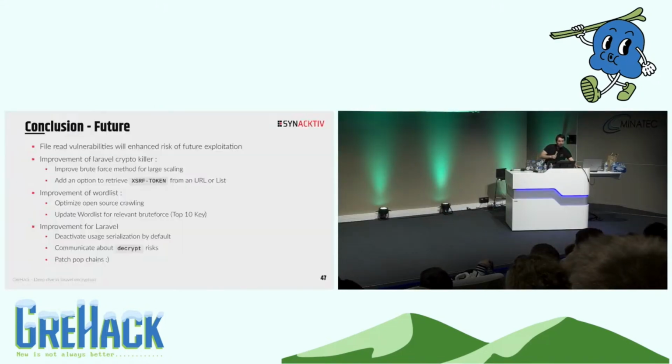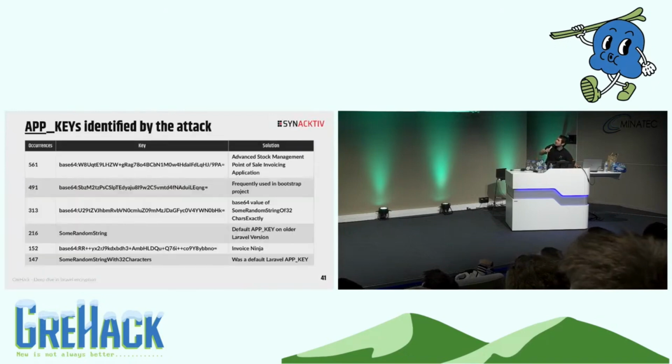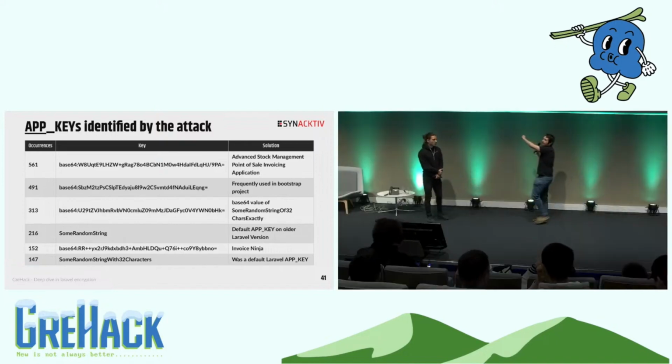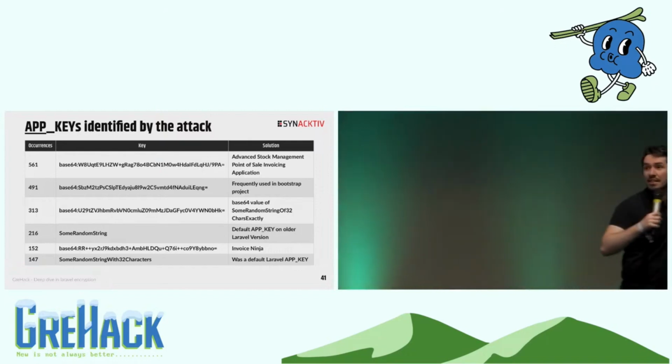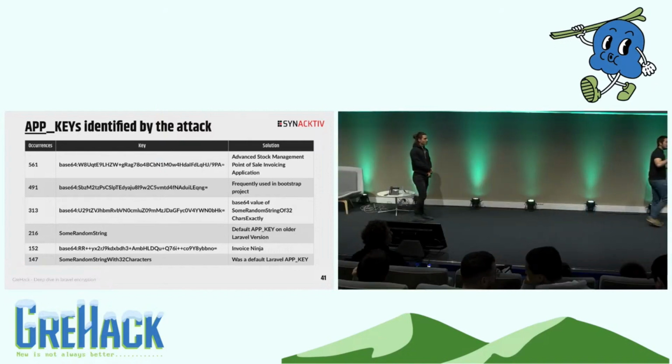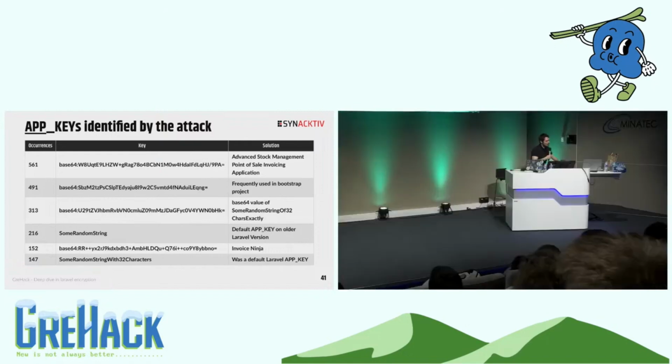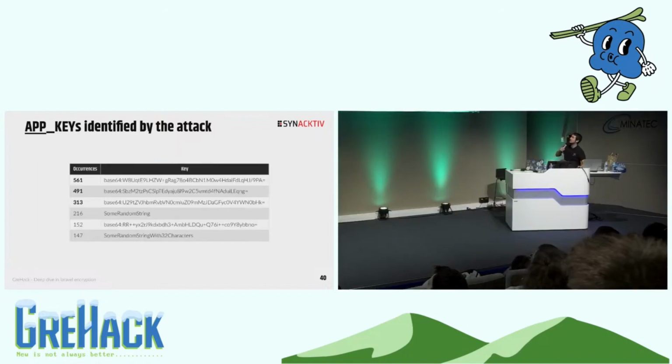So there are two things to take into consideration there. The first one, as you can see, Invoice Ninja was one of the most vulnerable to app key leaks, like 152 leaks on publicly exposed instances. There might be others, but which won't be exposed directly.